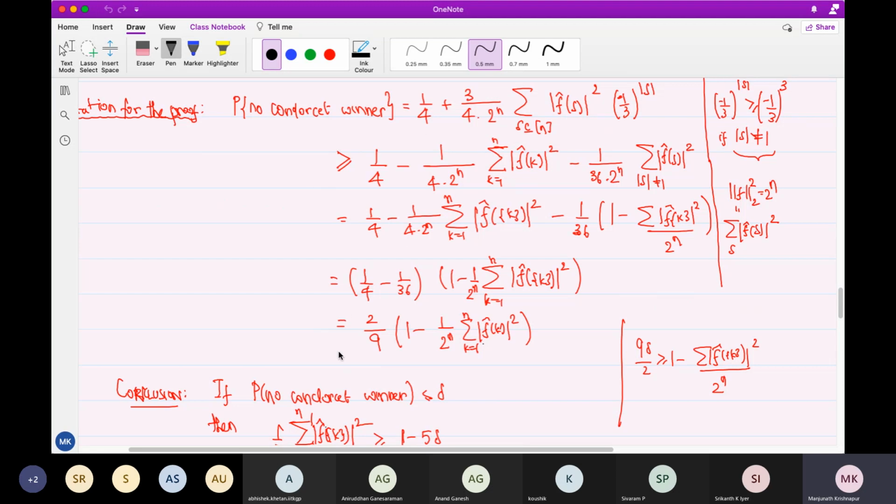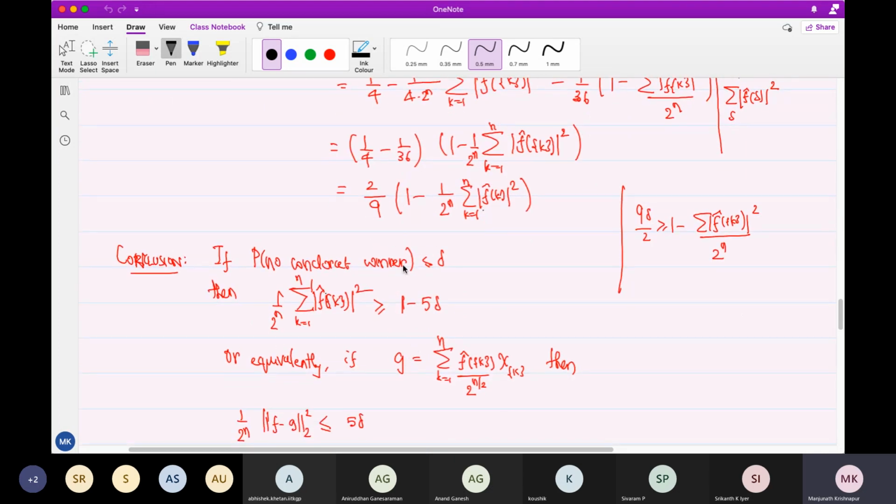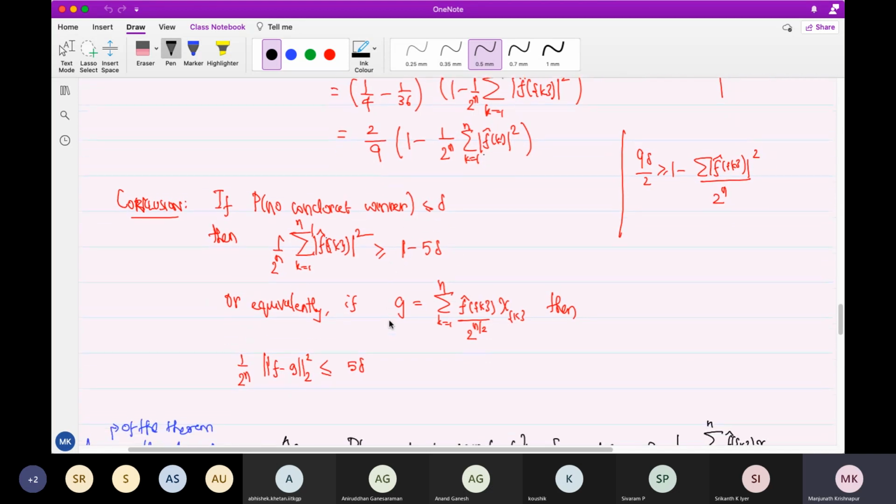We needed to be a little more quantitative, but we got that the probability of no Condorcet winner is at least 2 over 9 times 1 minus the sum of squares of the Fourier coefficients for singletons divided by 2 to the n. Because of that, if that probability is small, this has to be close to 1. So if the probability of no Condorcet winner is less than delta, then 1 over 2 to the n times the summation of f hat k squared is at least 1 minus 5 delta, since 9 over 2 is at most 5.